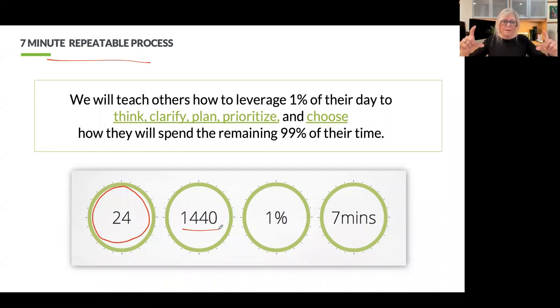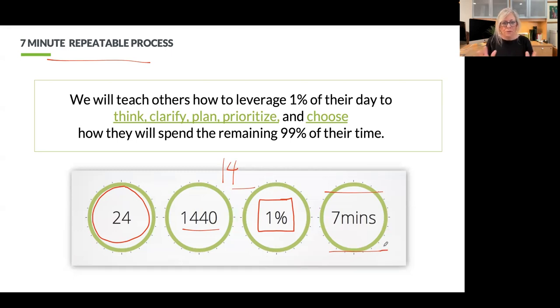And when you think about the fact that there are only 1,440 minutes that we can experience life, then what would happen if we could teach you skill sets where you could learn to take 1% of your day, 14 minutes, which boils down to, I think you can see, 7 minutes in the morning and 7 minutes in the evening.